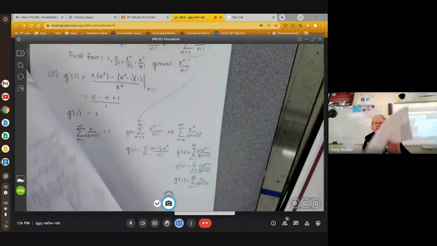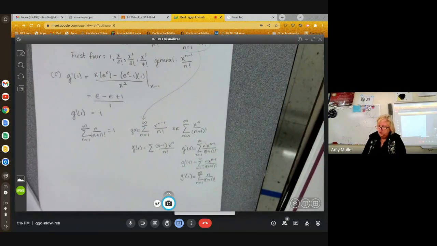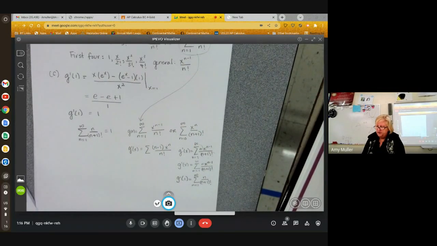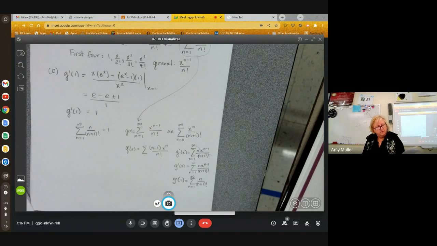I can count what page it is, hang on. 1, 2, 3, 4, 5, 6, 7, 8, 9, 10, 11, 12, 13, 14, 15, 16, 17, 18, 19, 20. Page 20? Could it be page 20? I think it's page 20. It's the "let f be the function given by f of x equals e to the negative x." Yep.